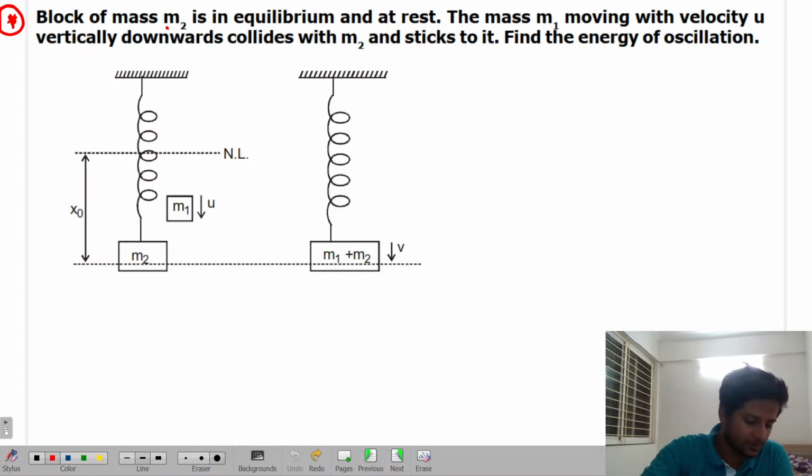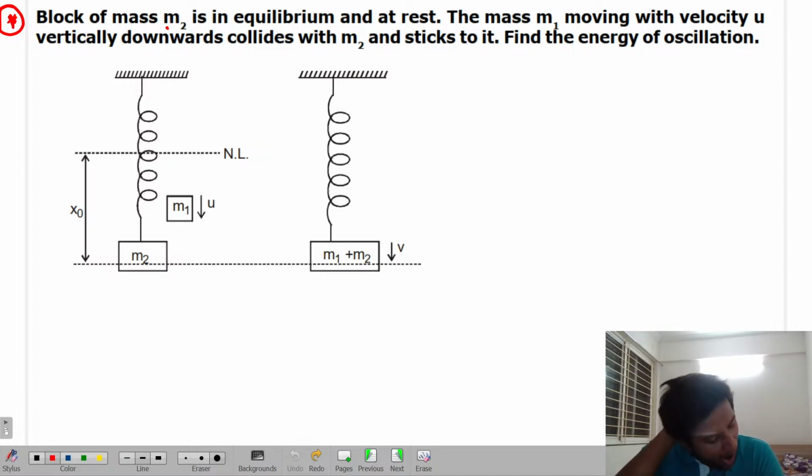Solve it fast. Achha, I'll tell you one trick to do it.